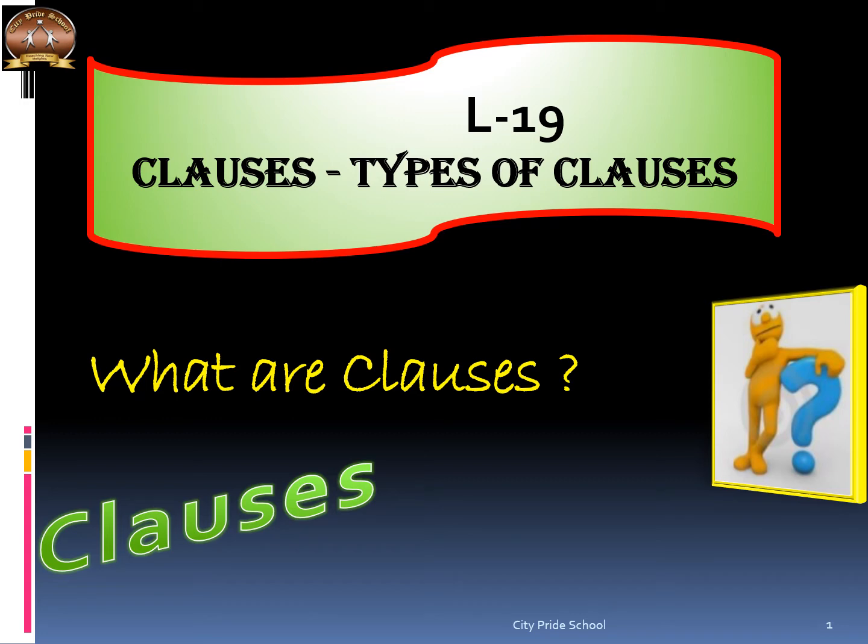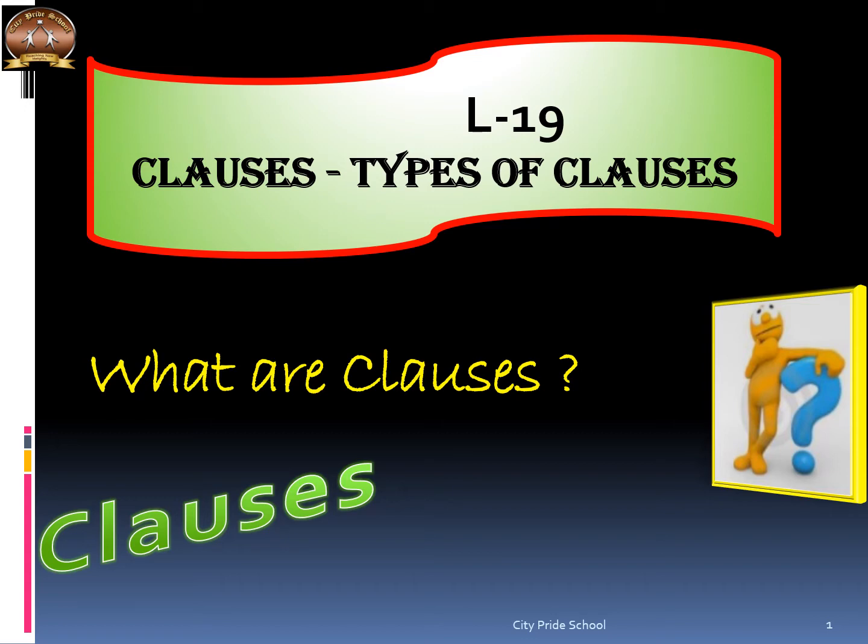Phrases, a group of words without a subject and a finite verb. Now, when we add a subject and a finite verb to phrases, it becomes a clause, or we can also say it's a sentence. So, today the topic that we learn is clauses and types of clauses.